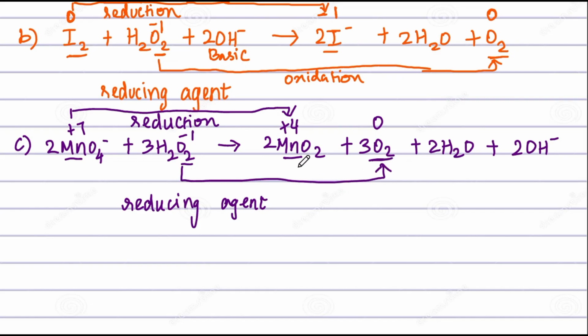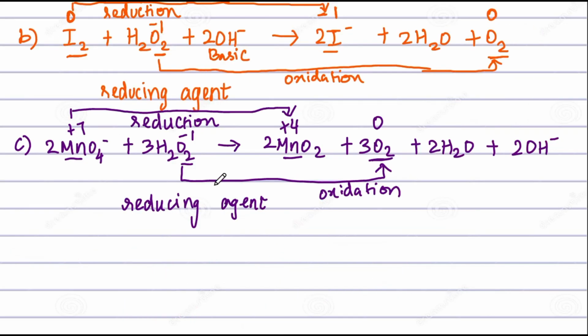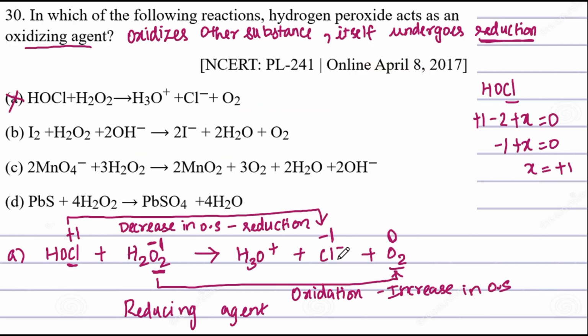So an increase in oxidation state has happened, so it is oxidation. But what is the rule? The oxidizing agent should oxidize the other substance and itself should undergo reduction. But in all three equations, hydrogen peroxide acts as a reducing agent because it undergoes oxidation only and not reduction. So the first three options are wrong. So obviously the correct option is option D.